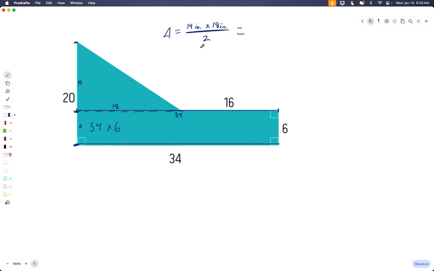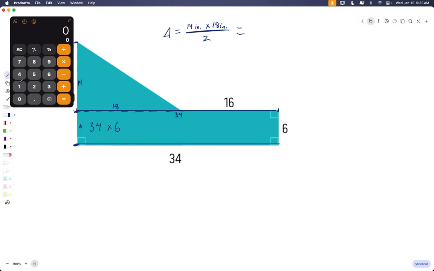And that is going to be the calculation for the area of this triangle. And for that, I would get my calculator. 14 times 18 equals, divided by 2, 126, and that's inches in area, or inches squared.